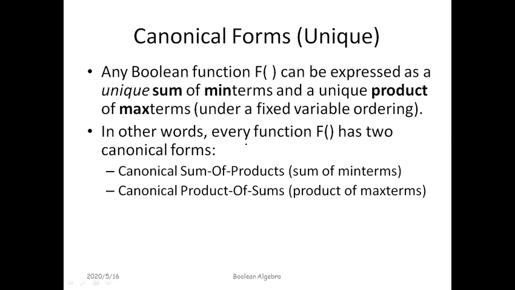So in other words, every function has two canonical forms. The first one is the canonical sum of products, and the second is the canonical product of sums. So the sum of products is the sum of min terms, and the product of sums is the product of max terms.